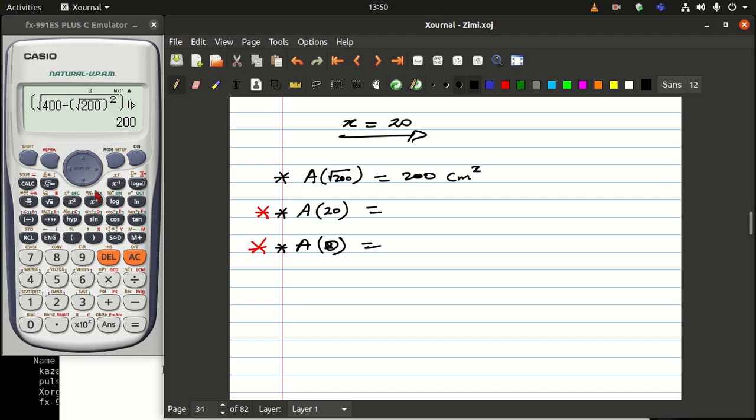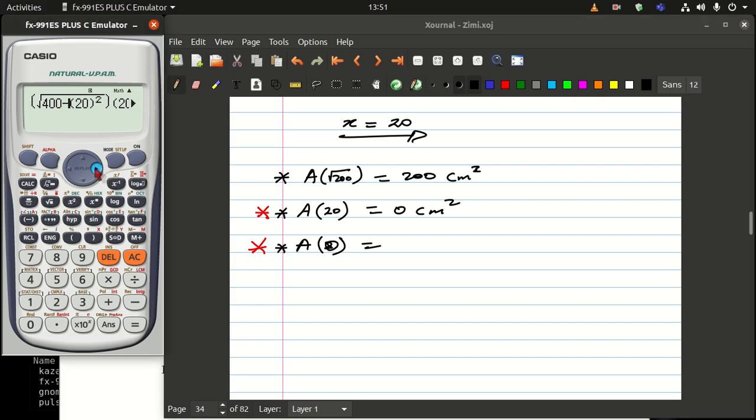We're using centimeters, I hope. We're having that. And then when we're using a 20, we'll end up having a 0 centimeter squared, and when we're using a 0, you will also end up having a 0.